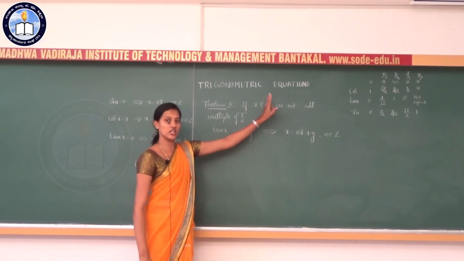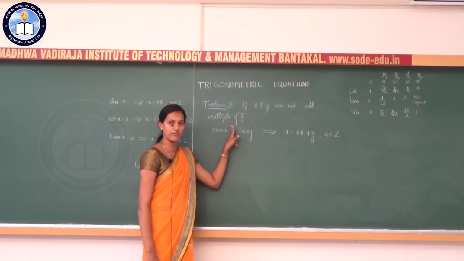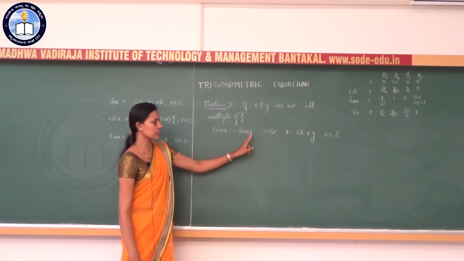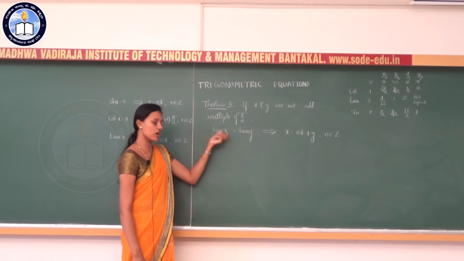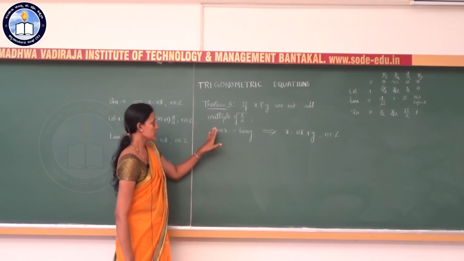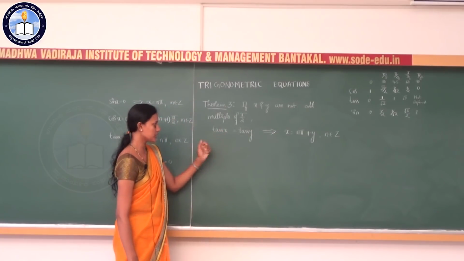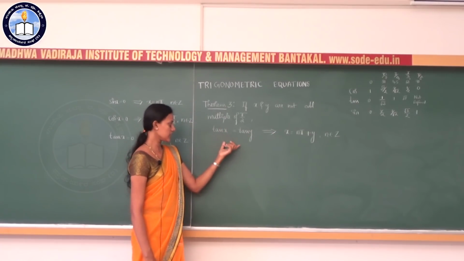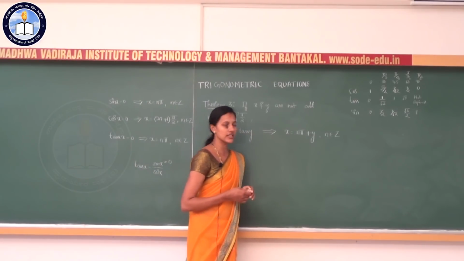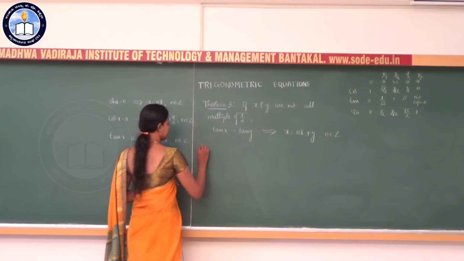If x and y are not odd multiple of pi by 2, what if they are odd multiple of pi by 2? If x and y are odd multiple of pi by 2, then tan function is not defined. So, if x and y are not odd multiple of pi by 2, then tan x is equal to tan y implies x is equal to n pi plus y, where n is an integer.